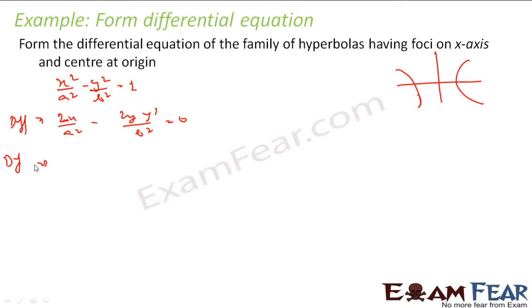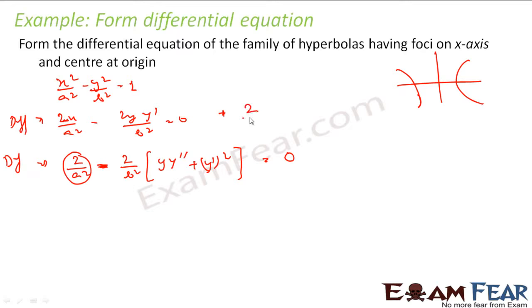You get 2 by a square minus 2 by b square, which is constant here. Y into y dash will become y into y double dash plus y dash square, similar to the last question, and this becomes 0. This is my equation. Here also I have to find 2 by a square. Let's suppose I can find 2 by a square from this equation. So in this I say 2 by a square is nothing but 2y y dash by x b square.